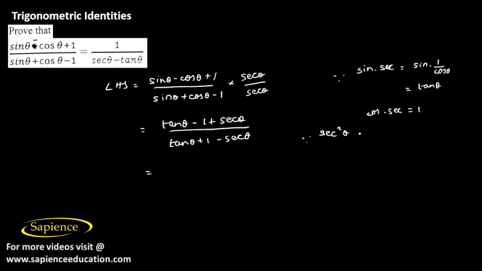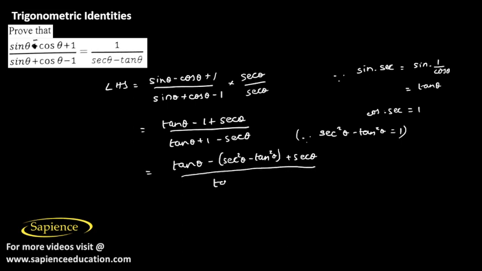Now the numerator 1 can be written as, since secant square theta minus tan square theta equal to 1, we will rewrite this as tan theta minus (secant square theta minus tan square theta) plus secant theta divided by tan theta plus 1 minus secant theta.